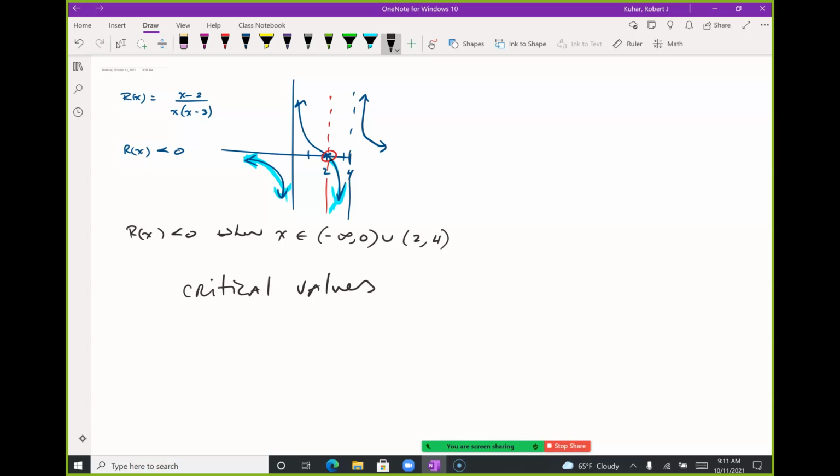Well, I need when the numerator is 0 or the denominator is 0. So I have 0 and 2 and 3, right? When the downstairs is equal to 0 at 0 and 3, and the upstairs is equal to 0 at 2. Oh, that's a 3. I'm sorry, it's not a 4, it's a 3. I had my graph wrong. Sorry, it's a 3 there.